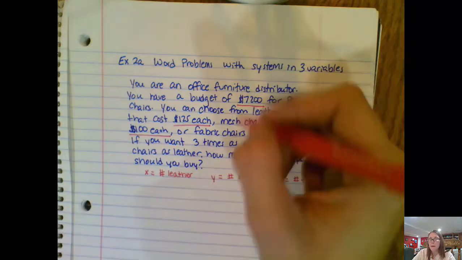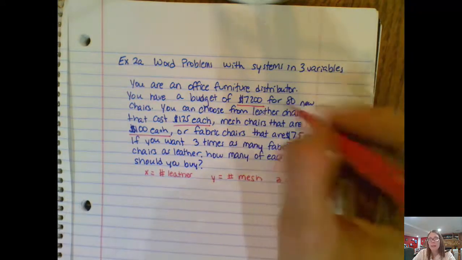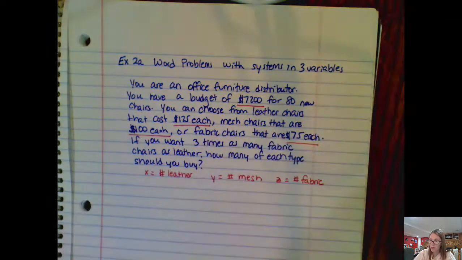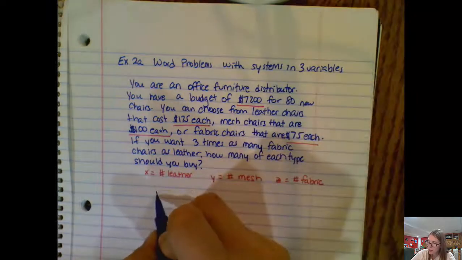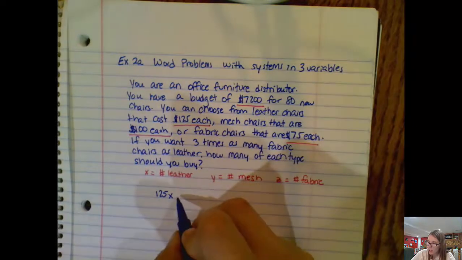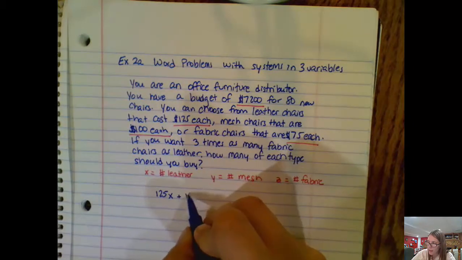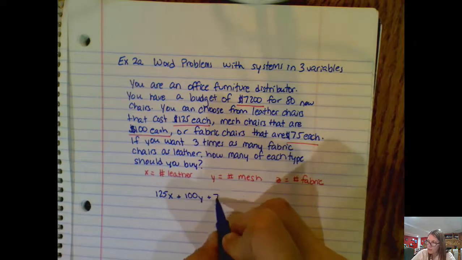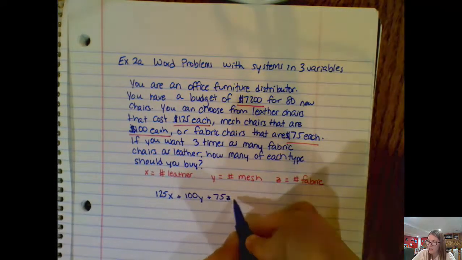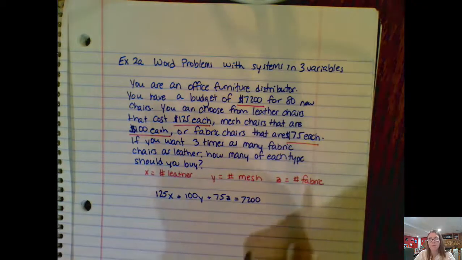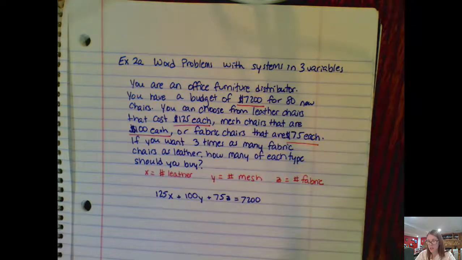So put this information together to get an equation. $125 for each leather is 125x. $100 for each mesh is 100y. $75 for each fabric is plus 75z. And we have $7,200 total. All right, money, we've used all of that.